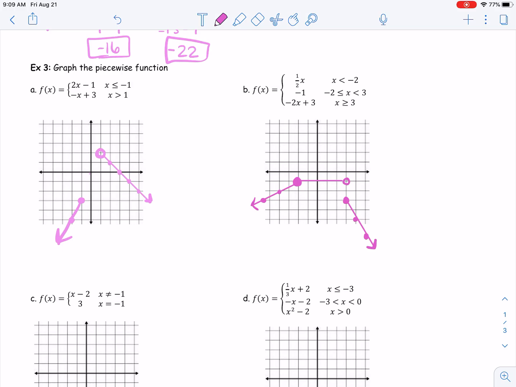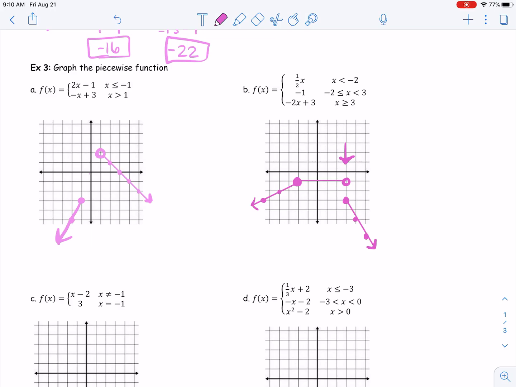Okay, and there's my piecewise function. If I were to ask you the domain and the range, what is your domain? It's from -infinity all the way to +infinity, and there is no break. Why? Because even when x is 3, I know there's an open circle here, but there's a closed circle here. So I am using an x value of 3 in this function.